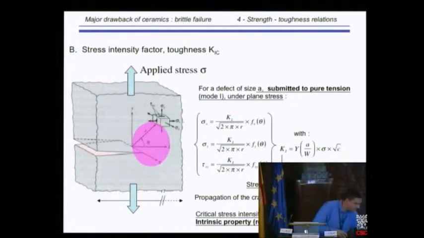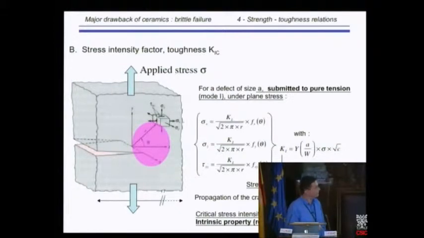I take this paper with my students, so why not with you today? Here is a crack. I have applied 100 megapascal, but in this region near the crack, there are stresses much, much larger than what we have applied in the overall piece. So take an example: you apply 100 megapascal, and here you have gigapascal in the vicinity of a crack.